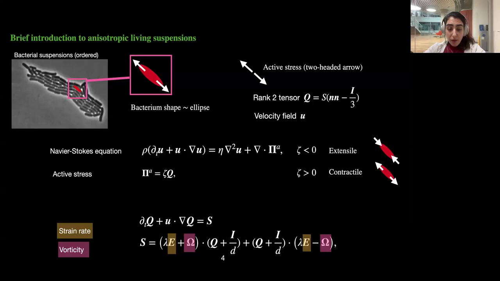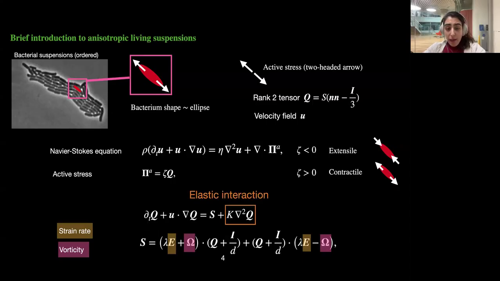And the second part of the flow, which is the asymmetric part of the velocity gradient, is called the vorticity, and that also rotates the units independent of shape. And in addition, because the units are in contact with each other, the elasticity also leads to reorientation and change in the dynamics of the orientation.